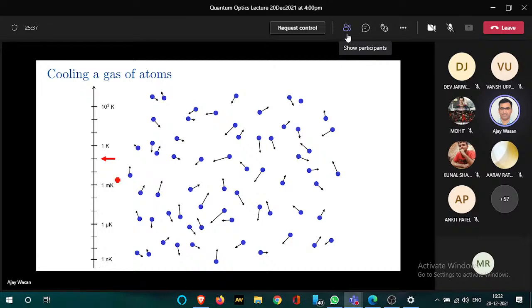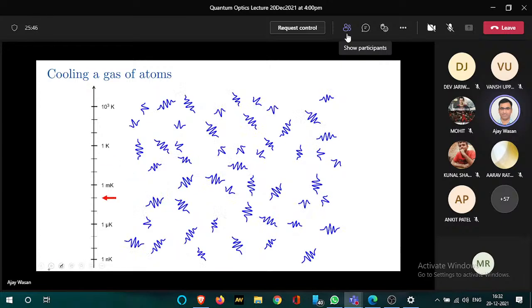Then we reduce the temperature. I'm showing here that the atom velocity starts reducing, and with more reduction, as the temperature reduces, the corresponding de Broglie wavelength starts to appear. That I'm showing in this figure.